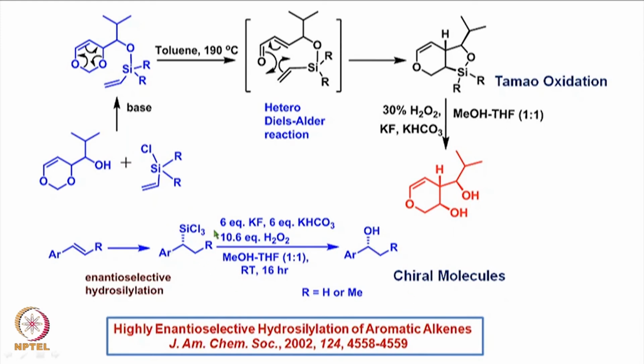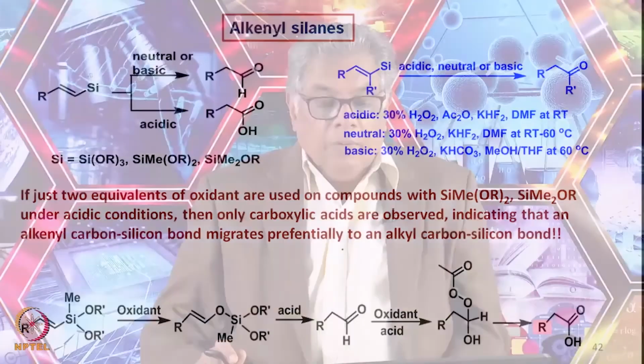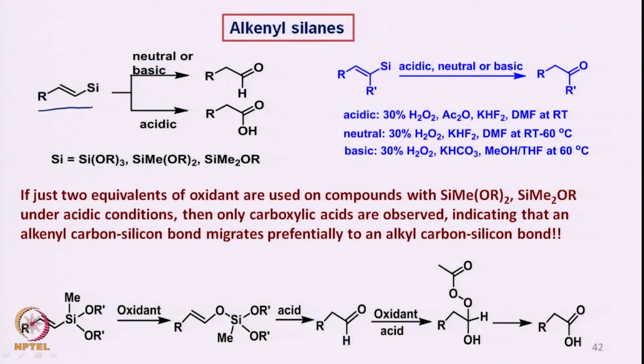And this particular starting material can be prepared from this olefin, which is an aromatic alkene, by enantioselective hydrosilylation, a process that has been described in this particular paper. Now we have substrates of this type, alkenyl silanes, which can undergo oxidation under neutral or basic conditions.